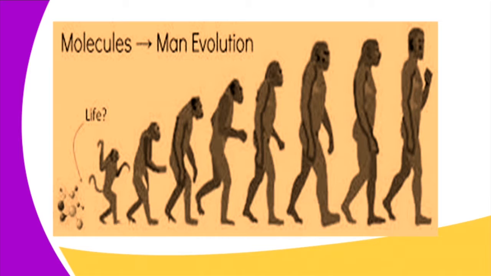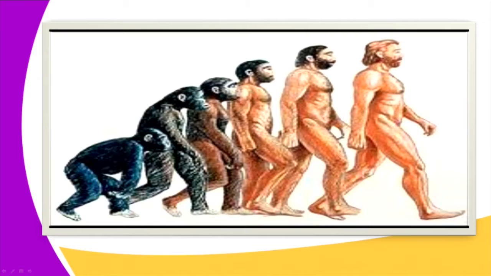You can see from molecules to ape-like man, all the way to the modern man who can stand upright. This is another demonstration. You see man changing from the ape to the modern man, walking. He went through the stages of evolution that we shall discuss today.